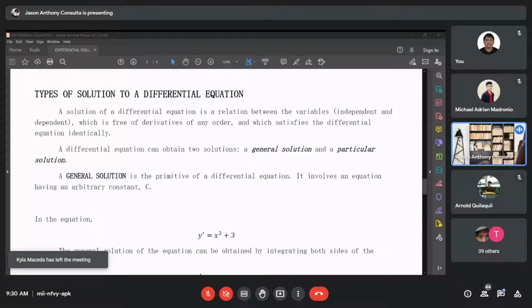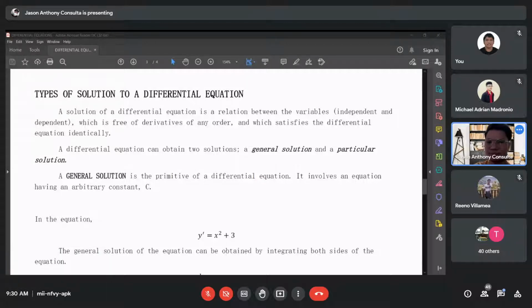Or try nyo muna. Kung meron, bigyan ko muna kayo ng 2 minutes, or kahit less than 2 minutes. Integrate both sides of the equation. Y prime is equal to x squared plus 3. Mag-raise na lang ng kamay if meron nang may sagot. Okay?